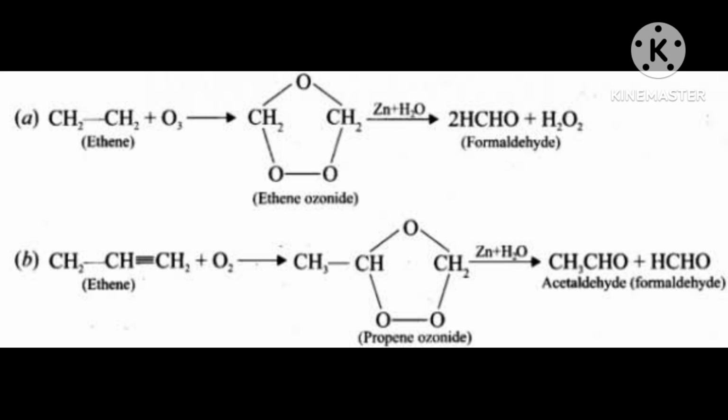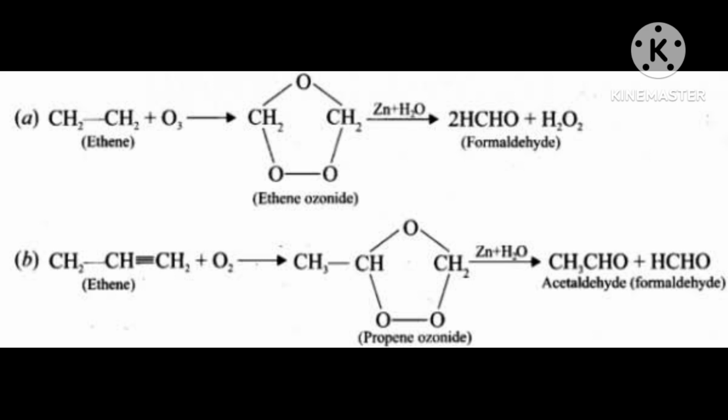MER means one unit, like ethylene. Polythene sheets and polythene bags are common. Polythene is obtained by the combination of a large number of ethene molecules at high temperature, high pressure, and in the presence of a catalyst.